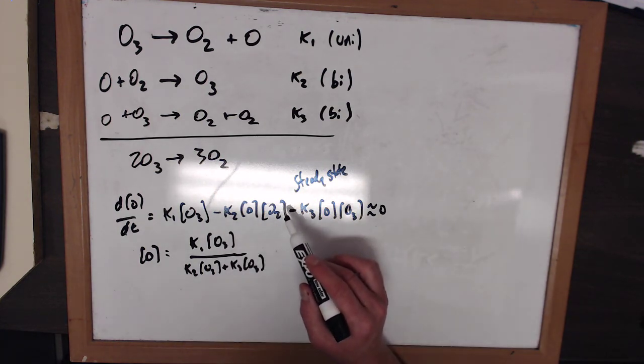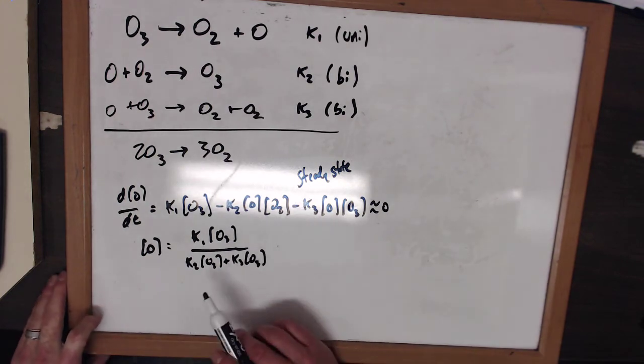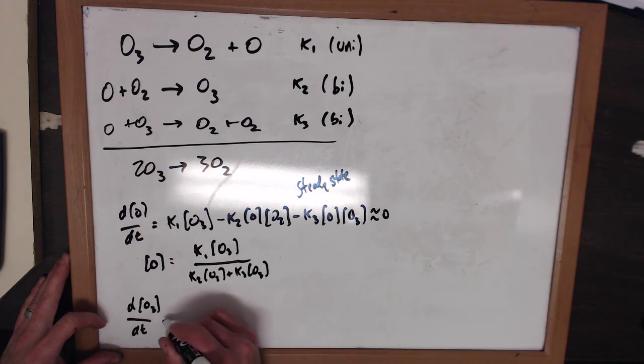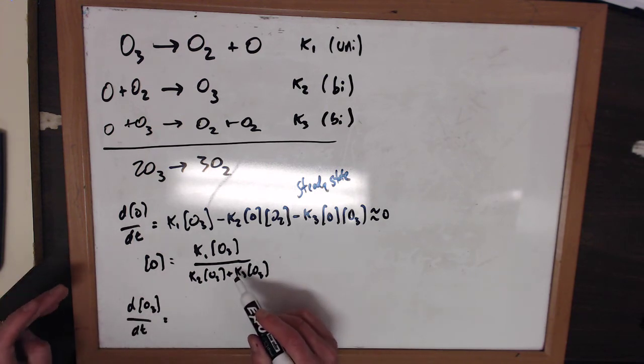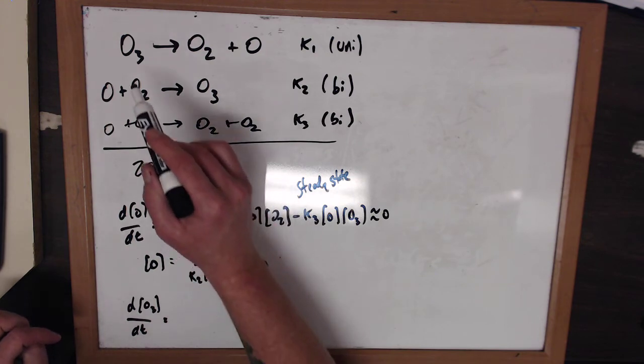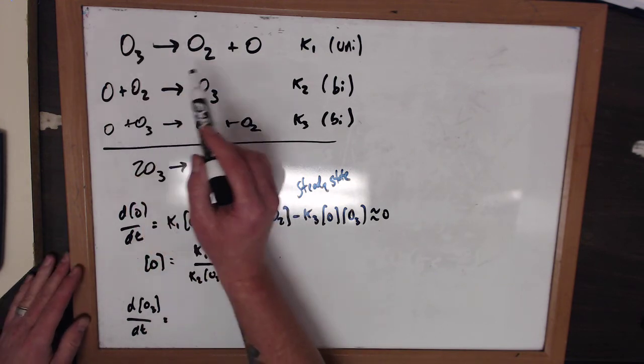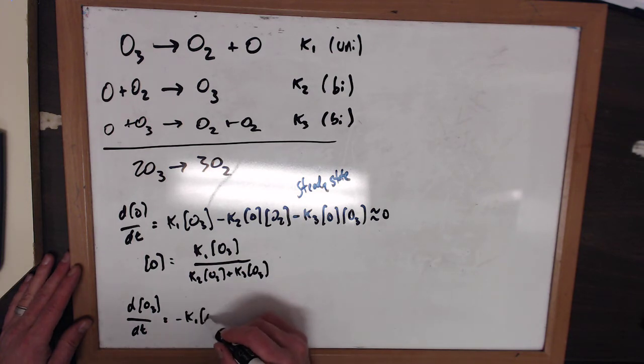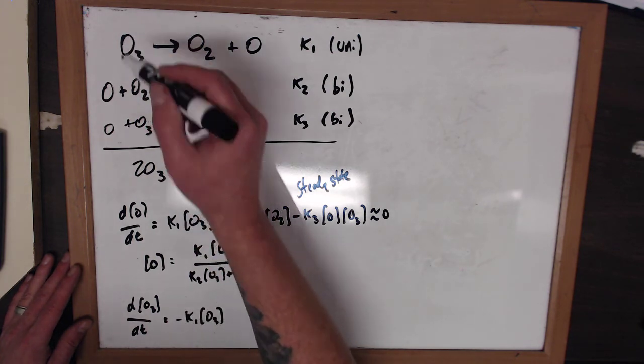And now, of course, I need to write the expression for ozone, dO3/dt, and let's all write that down. So that's going to be, we go through the mechanisms, right? So ozone's a reactant in the first reaction, so that's going to be minus K1 times O3.